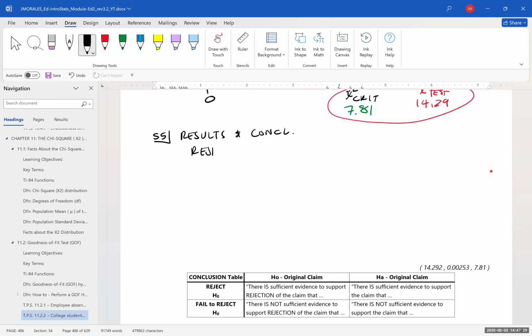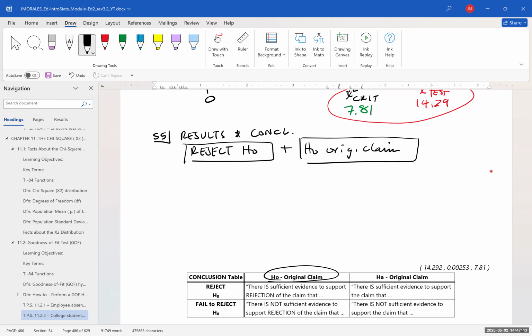So we just said that we're going to reject the null, and the null was our original claim. So null is the original claim. We're rejecting the null. So we're going to say there is sufficient evidence to support rejection of the claim. All right, so let's go ahead and write that down.